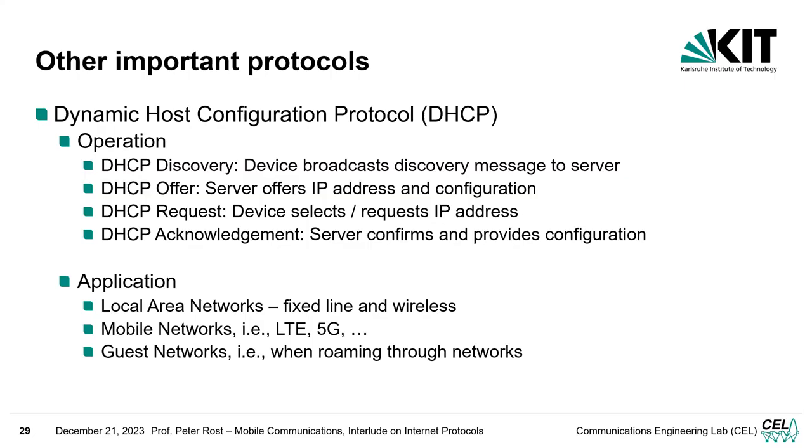And it tries to discover whether there is any DHCP server within the network. The server will eventually receive it and in unicast respond to this request to offer an IP address plus additional information. So the subnet mask, the default gateway, DNS server, and so forth are included in this response.